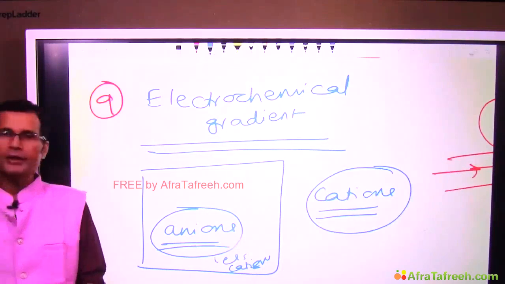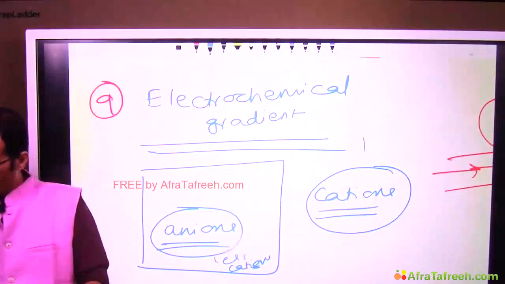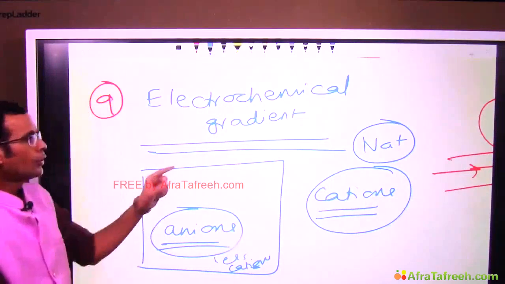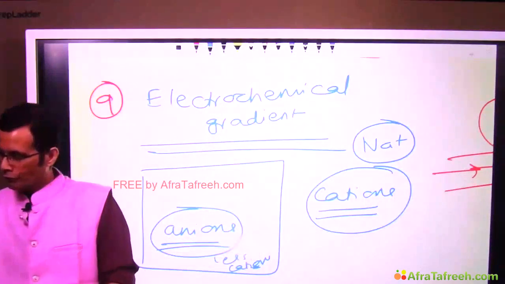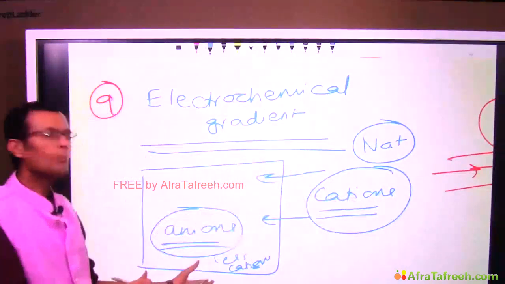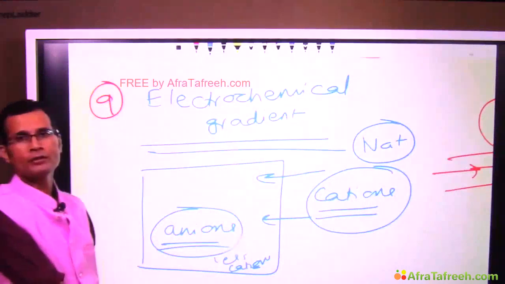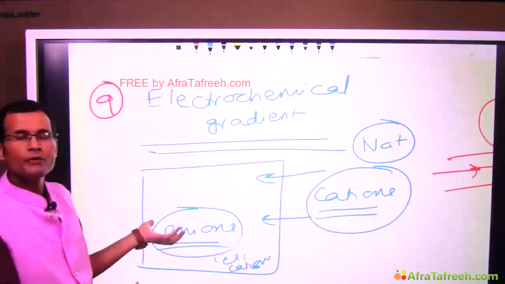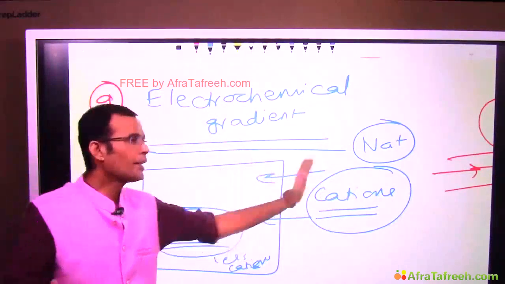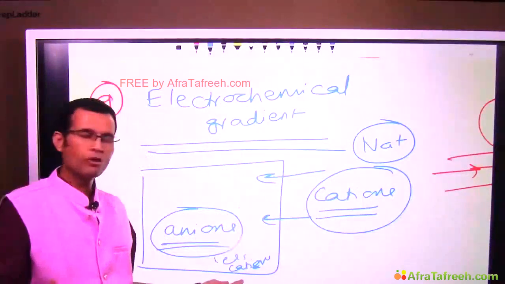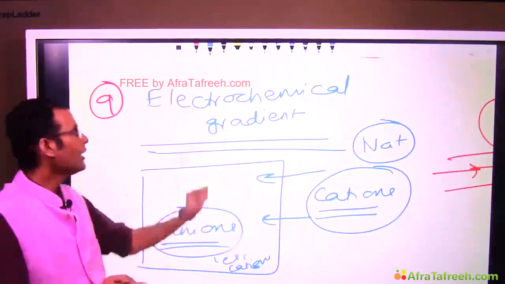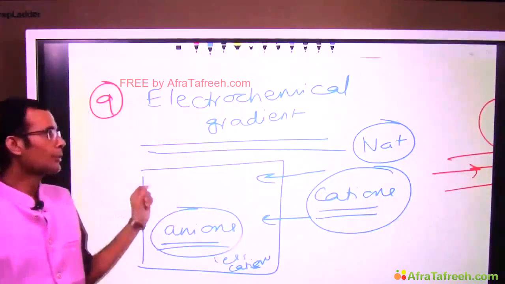So a cation like sodium or even potassium for that matter will diffuse from a high number of positive charges to a relatively lower number of positive charges or relatively higher number of negative charges. Okay, so sodium moving from a high number of positive charges to a low number of positive charges, this is the diffusion driven by electrical gradient or electrochemical gradient.